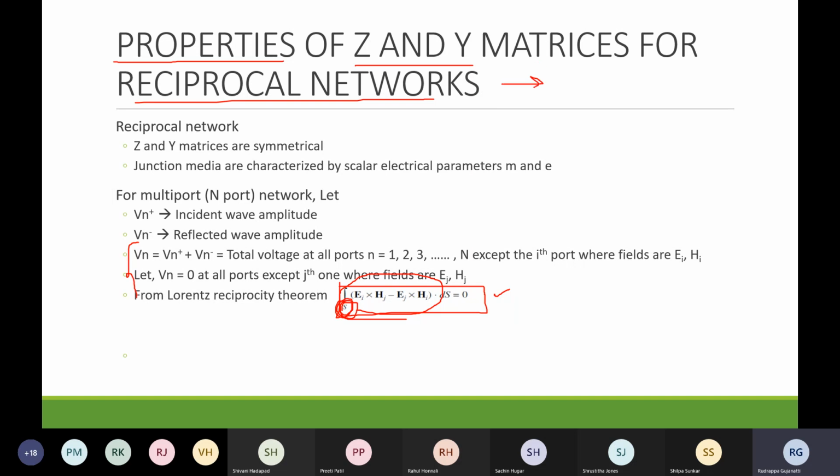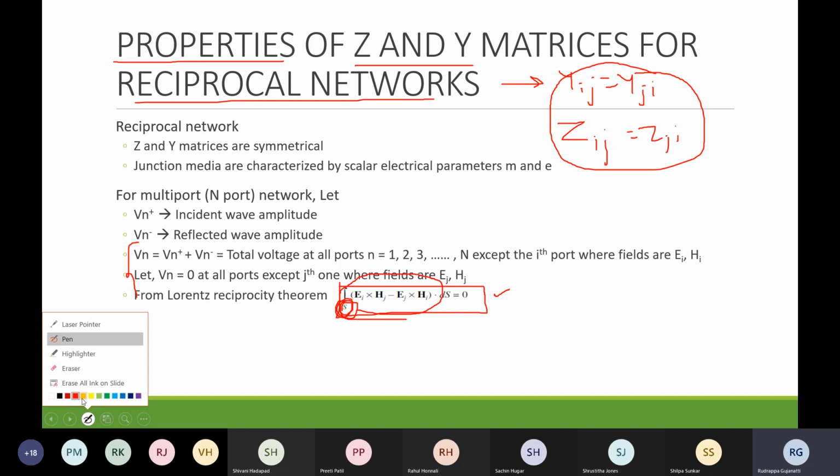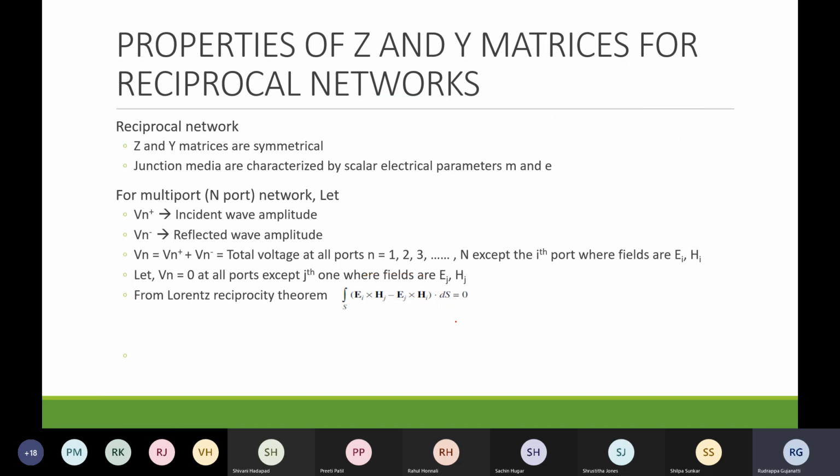So for reciprocal networks, we have Yij is equal to Yji and Zij equal to Zji. So this is what happens with respect to the impedance and the admittance matrices for reciprocal networks.